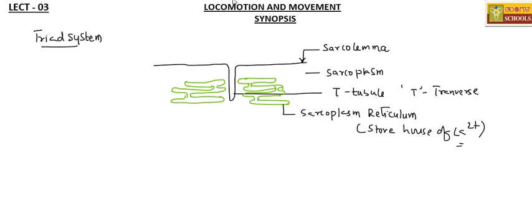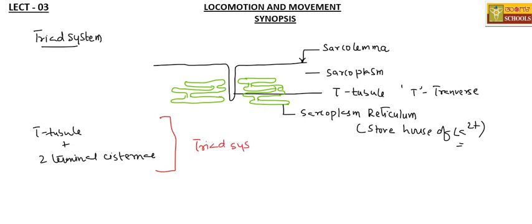Okay, right. So the T tubule plus 2 terminal cisternae, which are part of this endoplasmic reticulum. These two, the T tubule and the 2 terminal cisternae, together form the triad system.